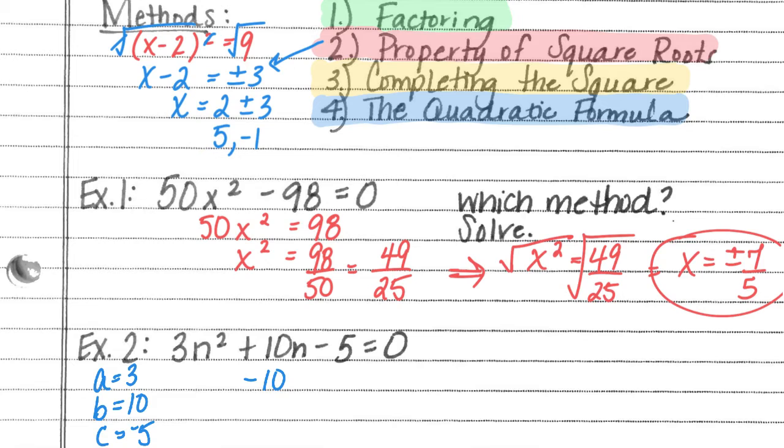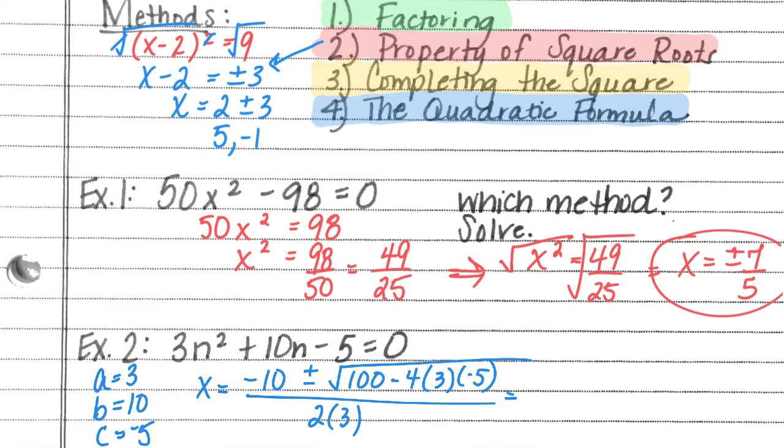X is equal to opposite b plus or minus square root b squared minus 4ac all over 2a. And remember, that thing that gets you is right here, this right here. Y'all put this whole thing in your calculator like this and figure it out. Don't do it in your head.